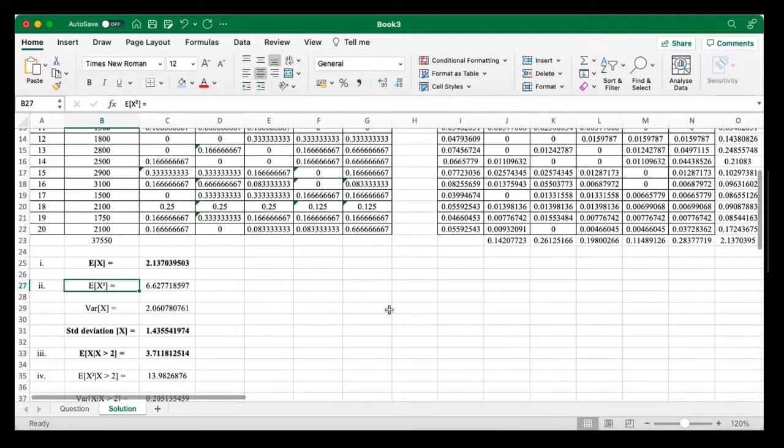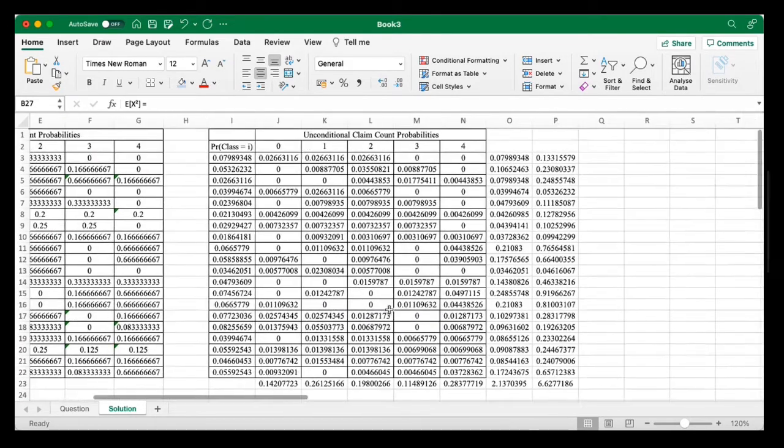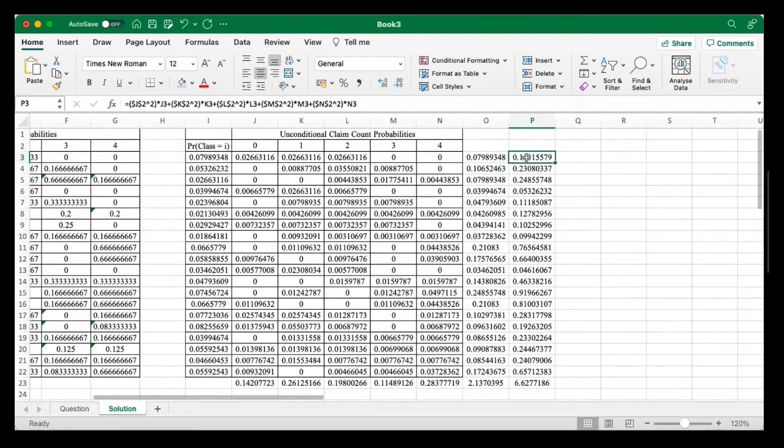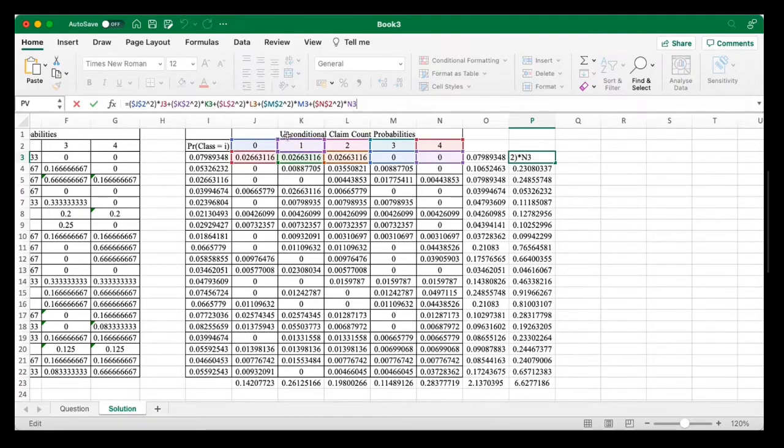To calculate EX squared, we use the formula similar to expected number of claims, but the claim count needs to be squared. So 0 squared multiplied by 0.0266, 1 squared multiplied by 0.0266, 2 squared multiplied by 0.0266, 3 squared multiplied by 0 plus 4 squared multiplied by 0.